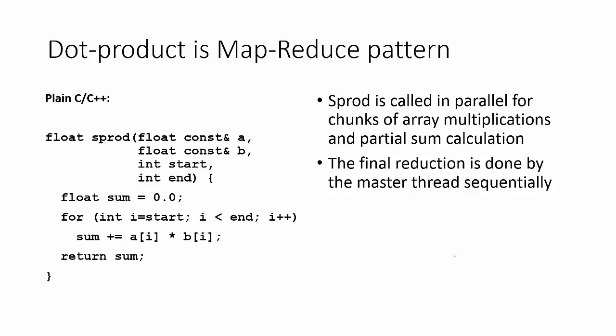The map function here is the multiplication, and the reduce function is the sum. So sprod is called in parallel with chunks of array multiplication and calculates the partial sums, and the final reduction is done by the master thread sequentially.